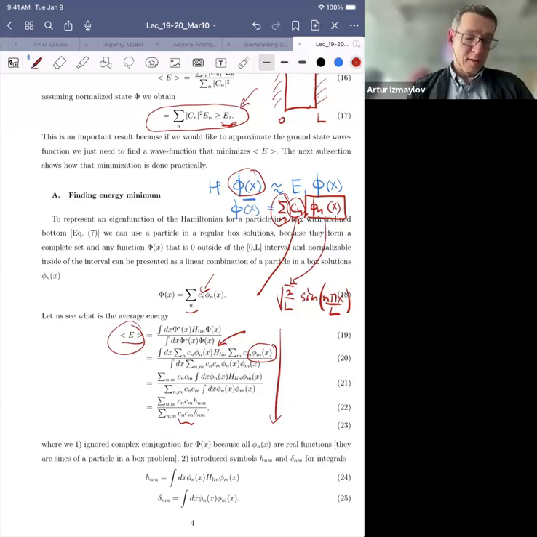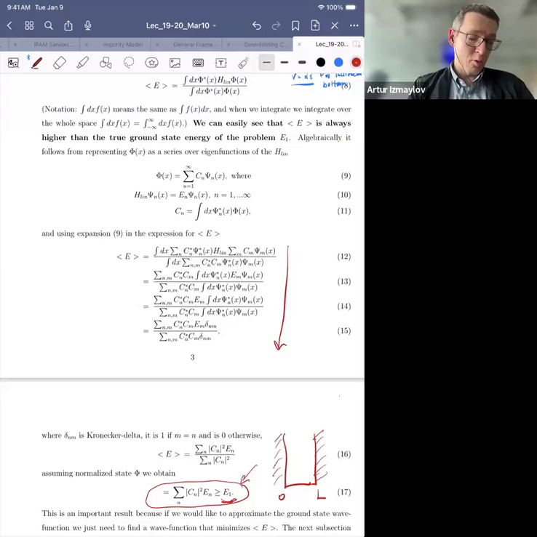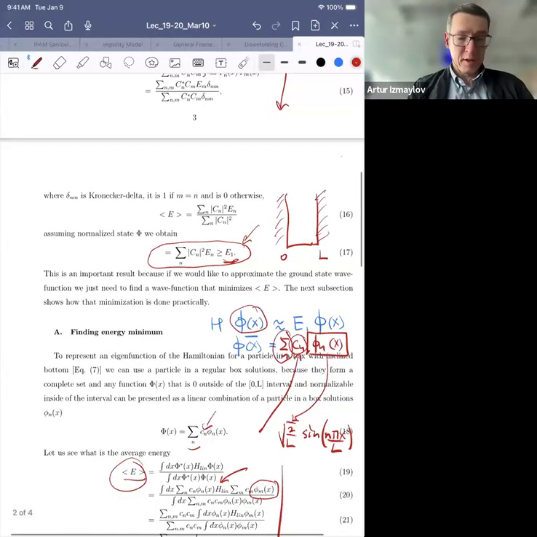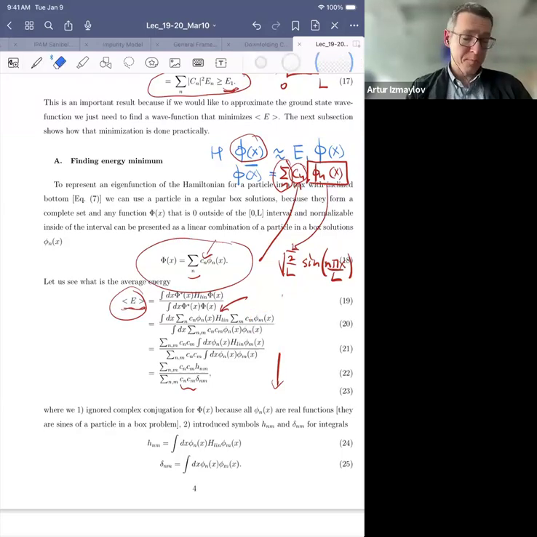So this series of equalities is different from that series of equalities, because there we used eigenfunctions of the Hamiltonian, since we were doing the derivation rather than the calculations. In this case, where we want to formulate the energy functional, or cost function, we are using the functions that we have.